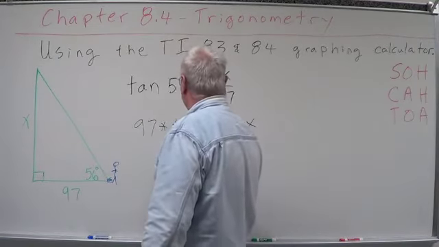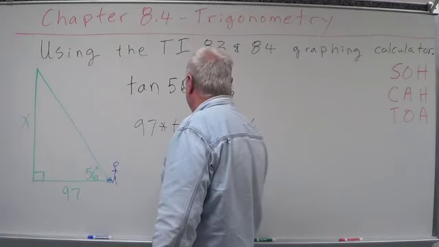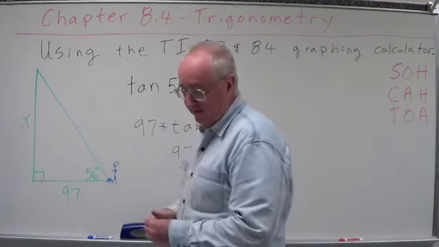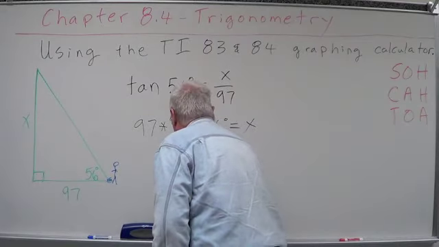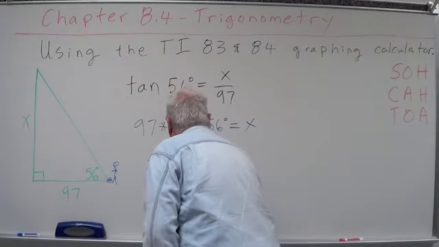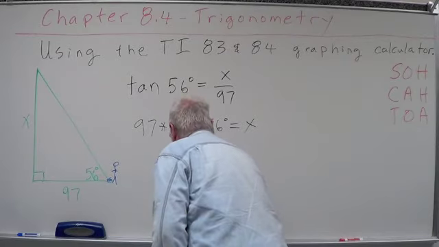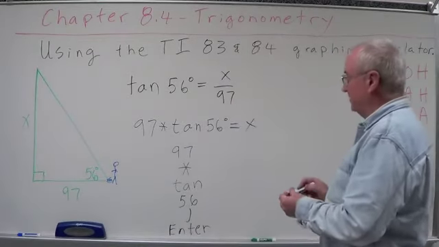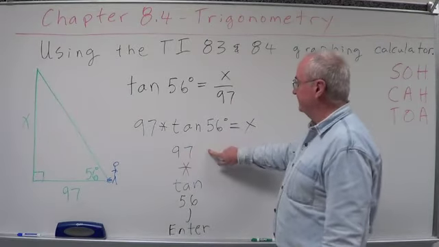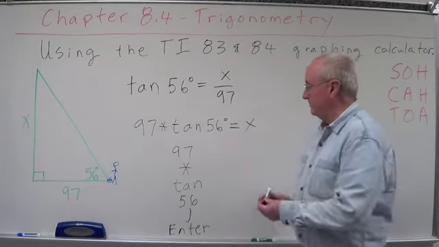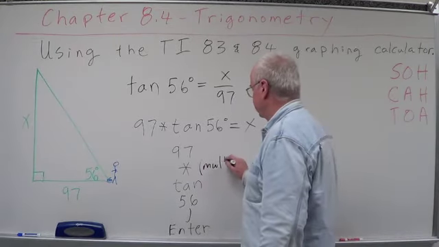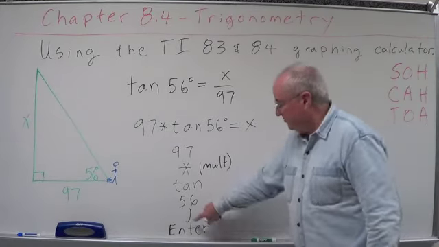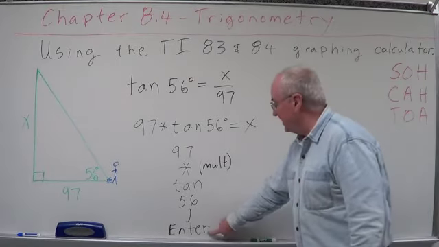We enter 97, hit the multiplication button, hit the tangent button, press 5, 6, press the closing parenthesis and press enter.